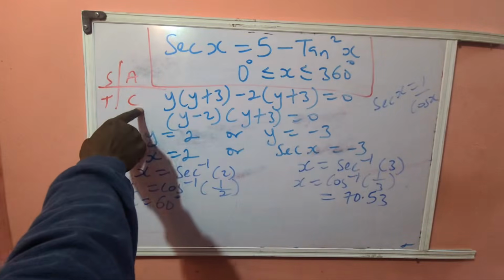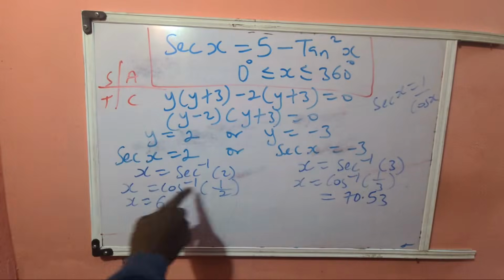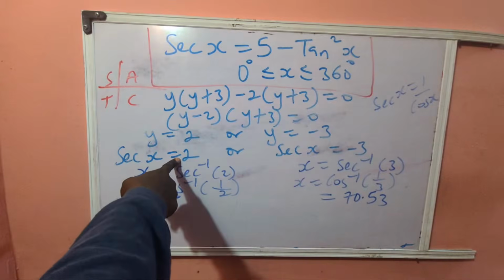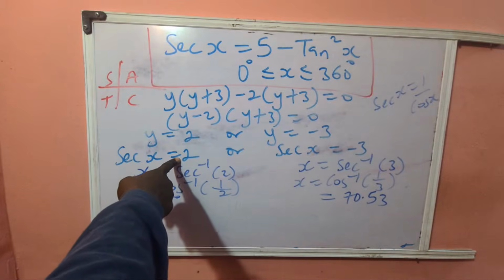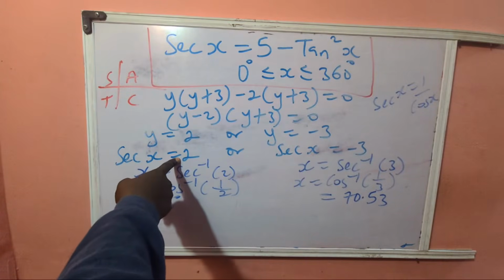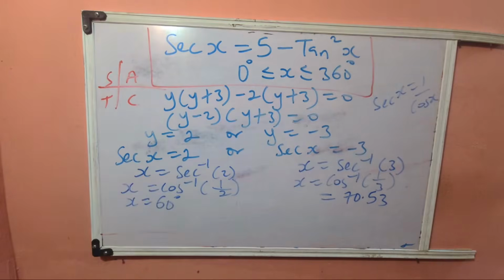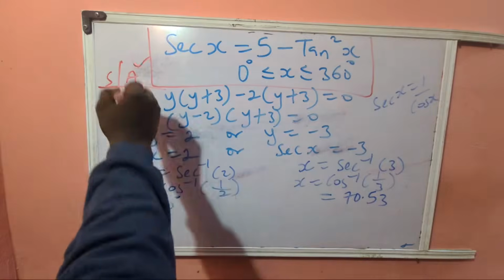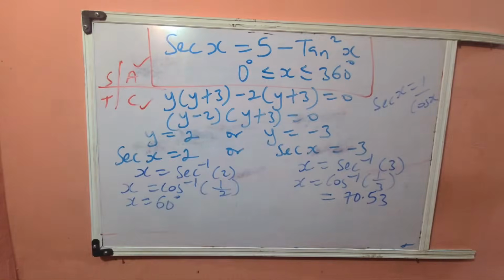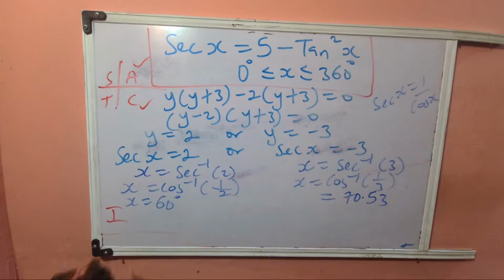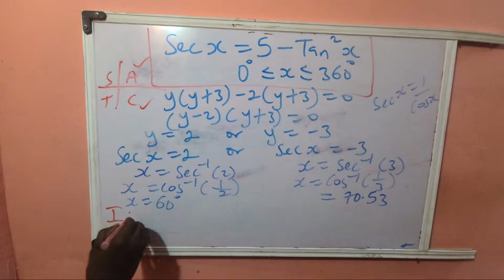So your value, sec x, was equal to a positive 2. So you are interested in the first and fourth quadrant, because sec is positive there. So my quadrants of interest are quadrant 1 and quadrant 4 for this particular situation.